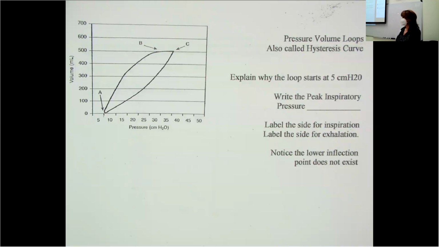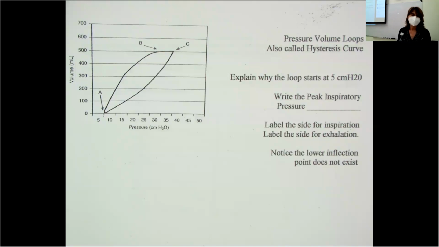Right, very good. So there's a positive pressure in the lungs before the breath even begins. We call that PEEP. Yes, a positive pressure in the lungs at all times.